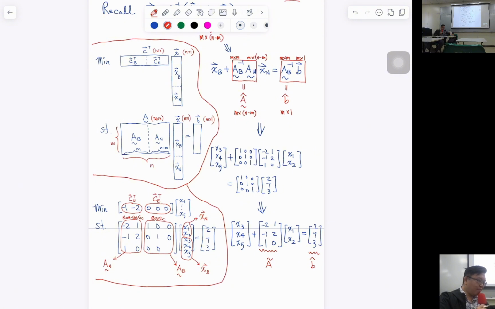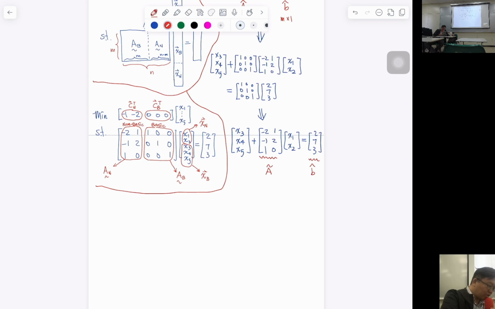So our basic variables are right now non-zero, and x1 and x2, right now they are 0. Okay, but we already decided x2 will be increased to a certain value.